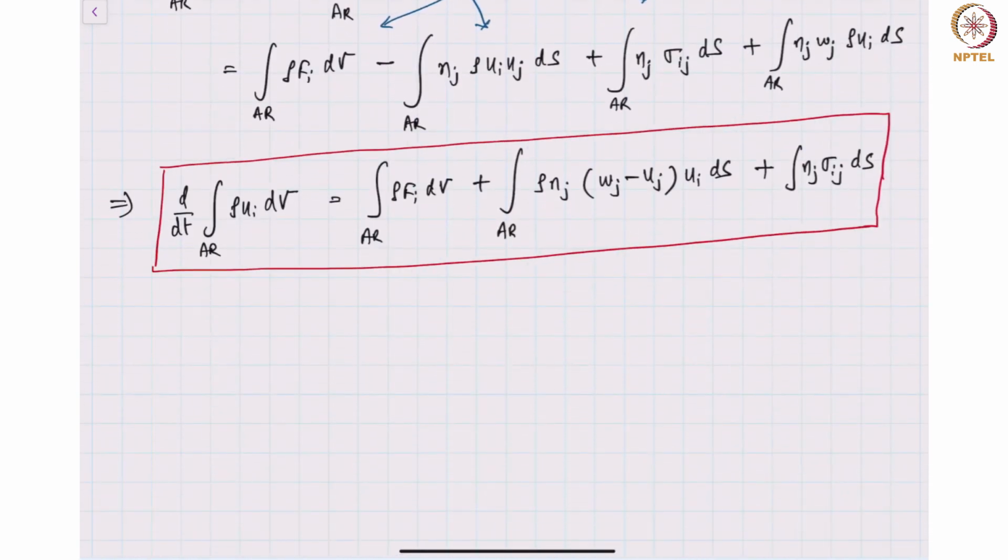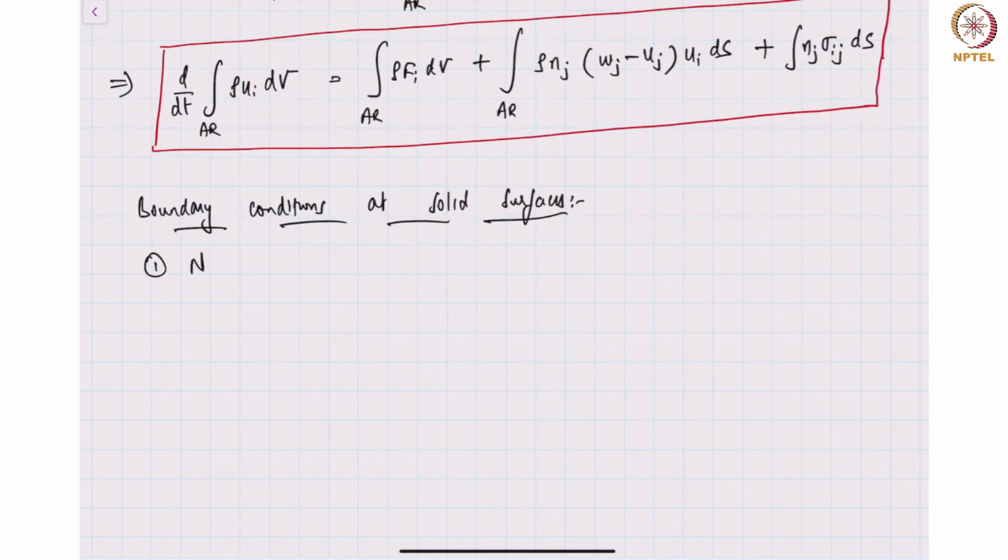Now, for solid surfaces, I will quickly write down the boundary conditions. These are typical boundaries, but not the only ones one would encounter. A common boundary condition is the no slip condition.